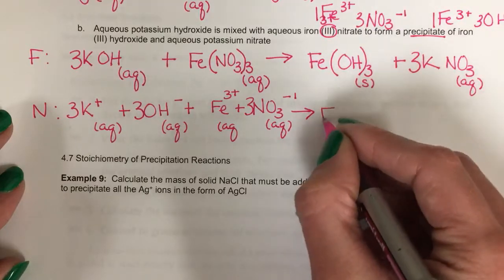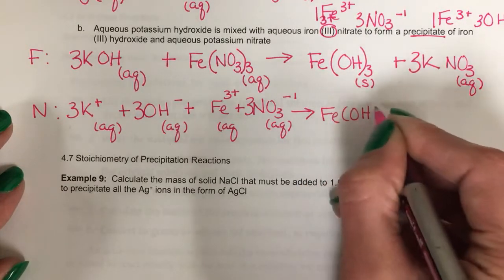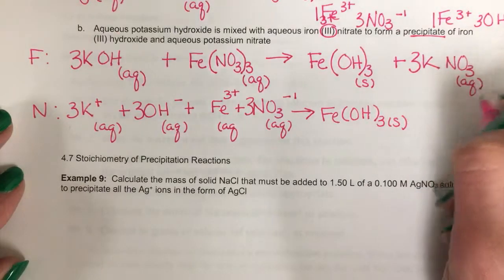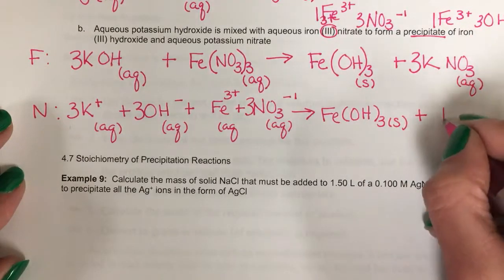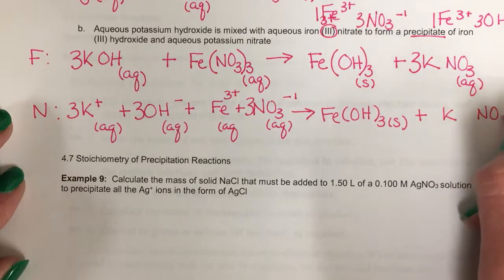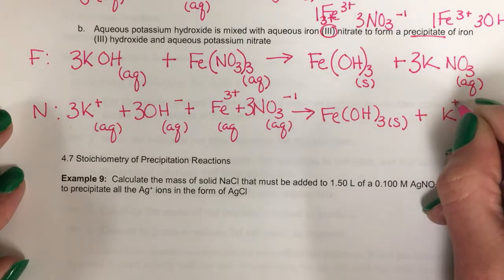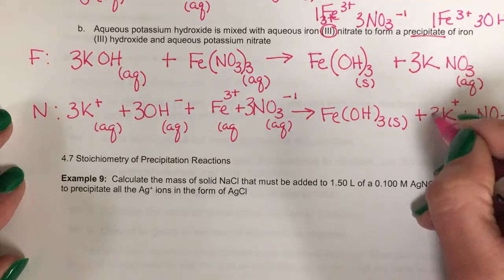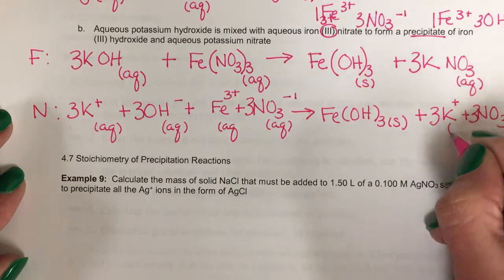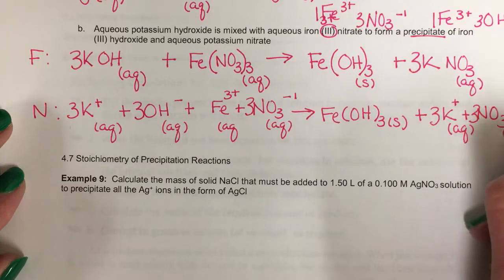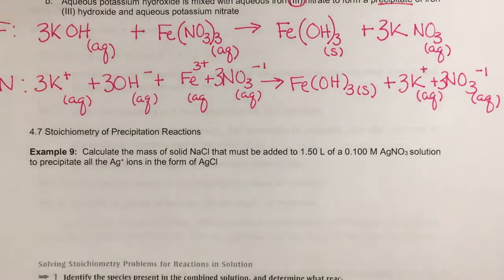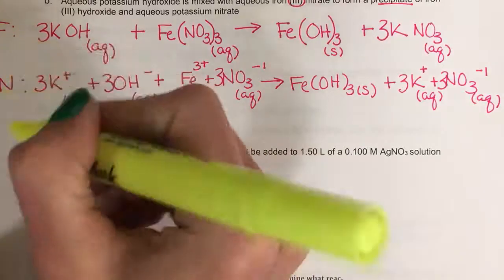FeOH3 is a solid, so I leave it together. And then, because this one's aqueous, I break it apart into K and NO3. K is a +1, NO3 is a -1, and I have 3 of each of them. They both are aqueous. Okay. So for the net ionic, I have to get rid of spectators.